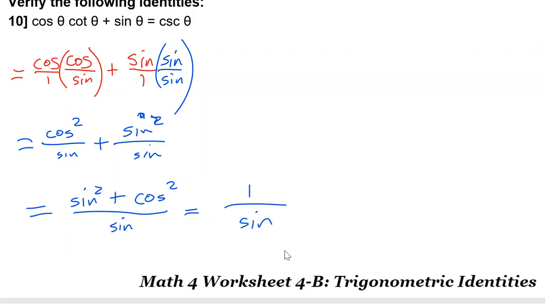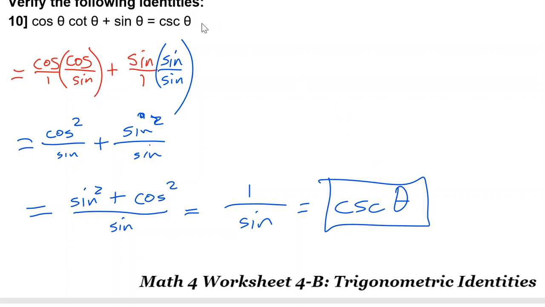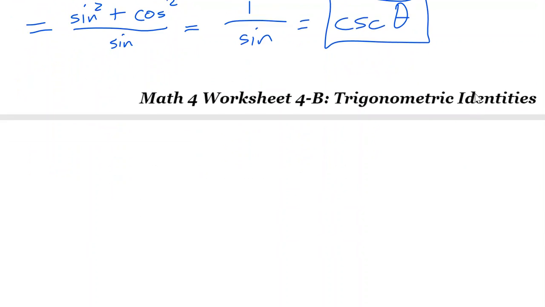I can substitute that, and 1 over sine is cosecant of theta. I believe that was, yeah, that was all of them.